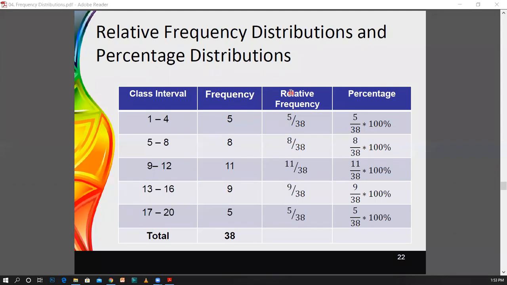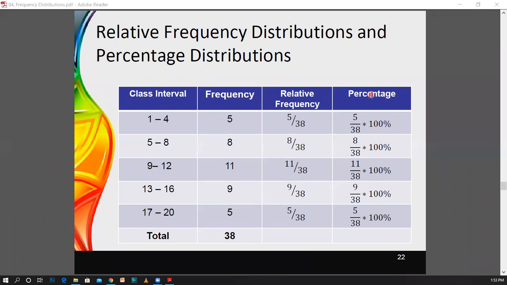For the second class, you get 8 divided by 38. For the third class, relative frequency would be 11 divided by 38. Likewise, you can obtain the other values for the remaining classes. You can keep the relative frequency as a fraction. No need to solve it into a decimal value.